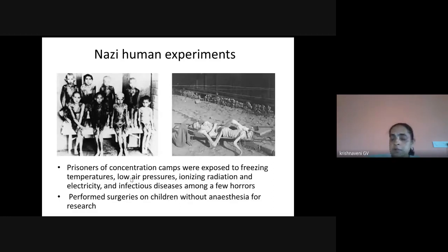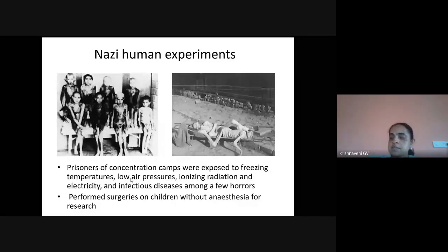They introduced highly contagious diseases in the name of advancing medical knowledge. And even on children, they conducted surgeries without anesthesia as part of their research.